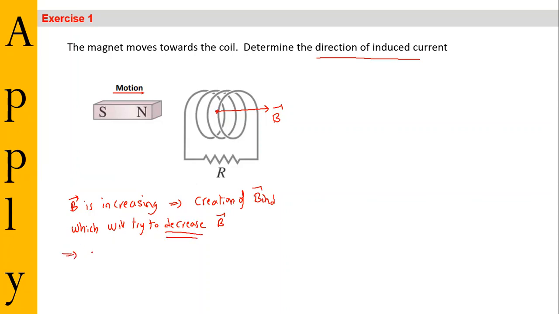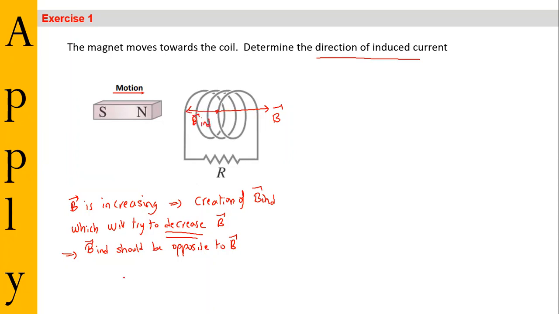This means B induced should be opposite to B. So here, this is the B vector, and this will be B induced.